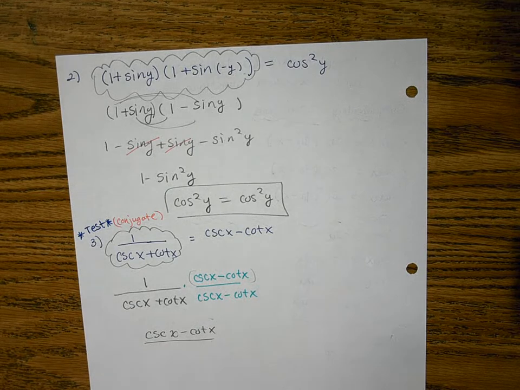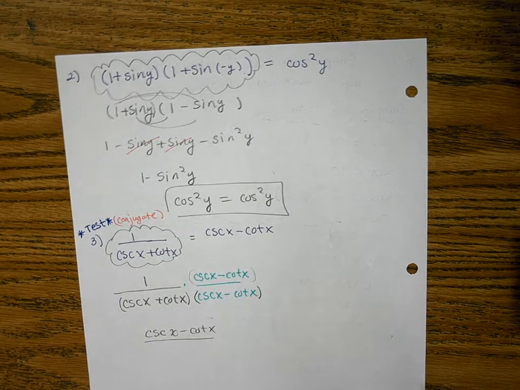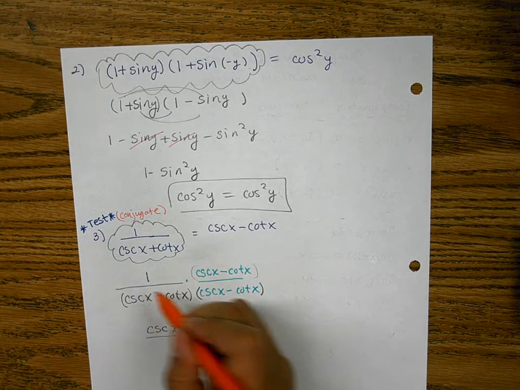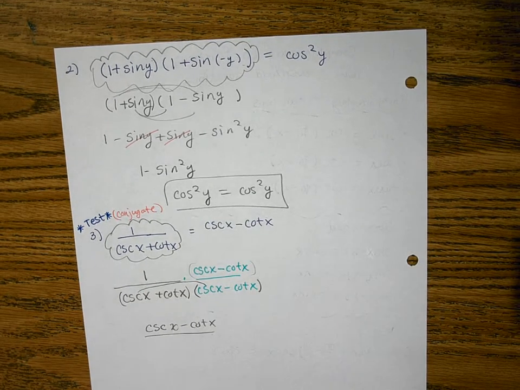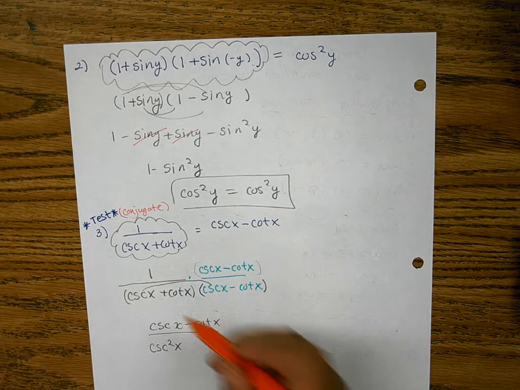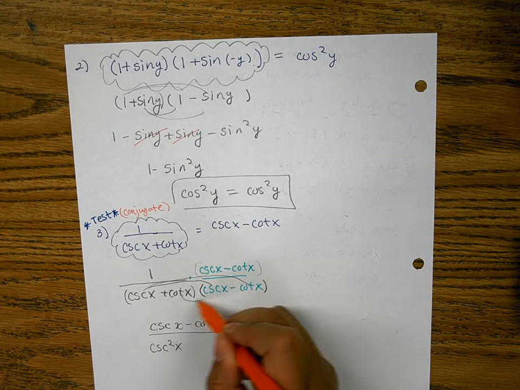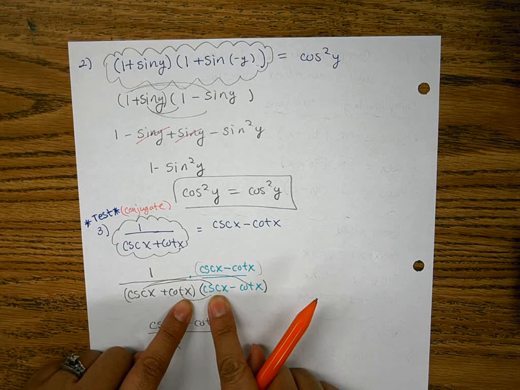Okay, now I said earlier I wasn't going to FOIL the conjugates anymore, and I'm hoping you guys can see that. I'm just going to do the first and the last. Cosecant x times cosecant x is cosecant squared x. That and that are going to cross out. Cosecant negative cotangent, cosecant positive cotangent, they're going to cross out.